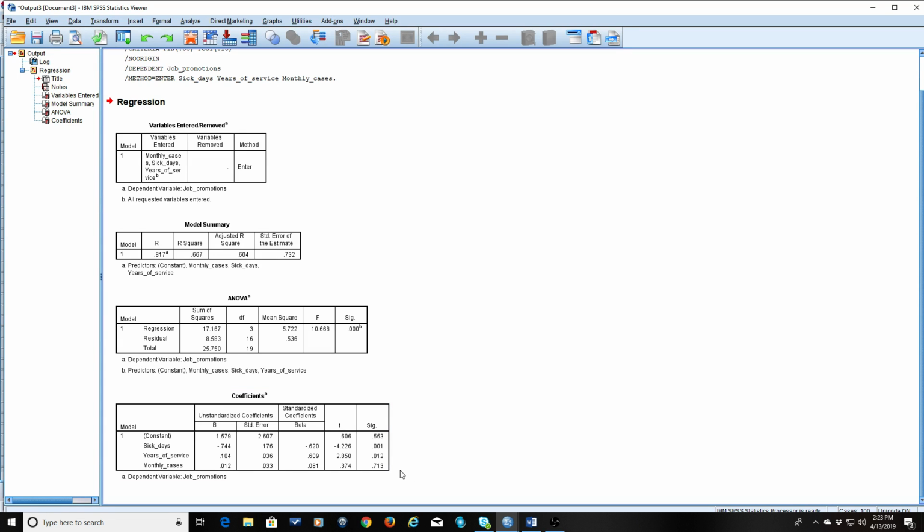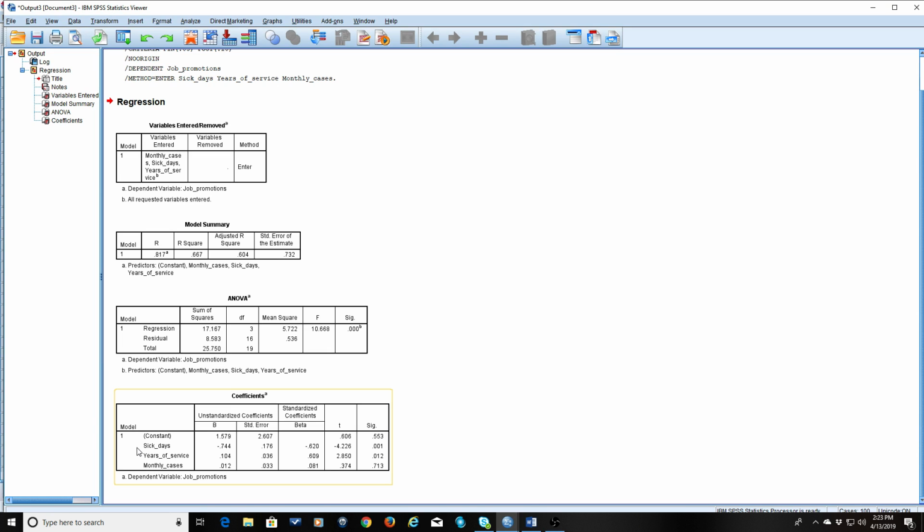Now, I'm going to leave this for you to interpret, but notice that this has a negative number. Okay? Look at sick days. Would you expect that to be a negative number? Because you're not saying how many well days they had, how many good days did they go to work and be successful. You're looking at sick days. So ask yourself, are sick days a good thing or a bad thing?